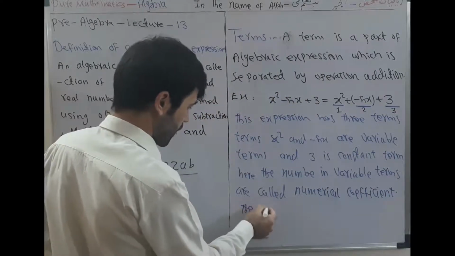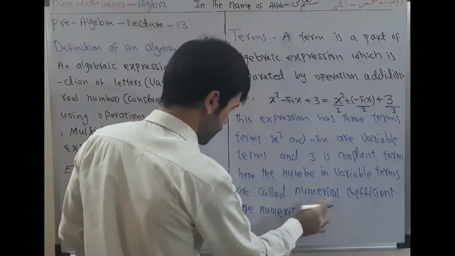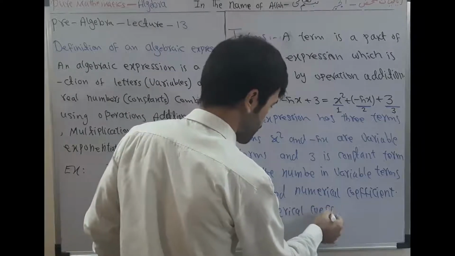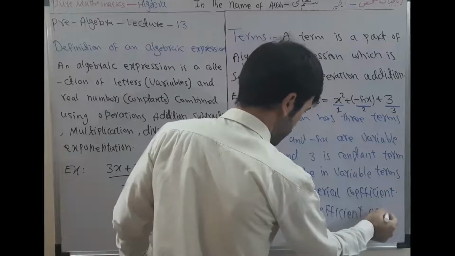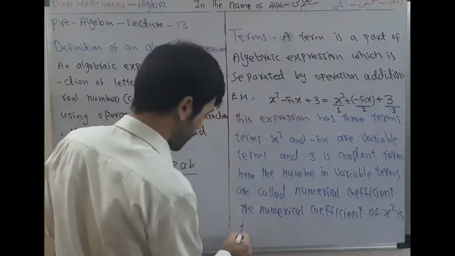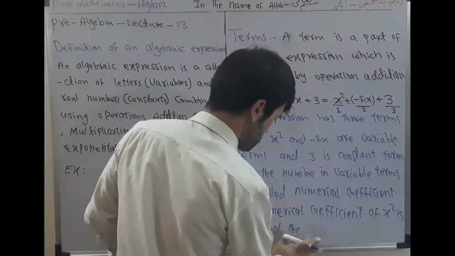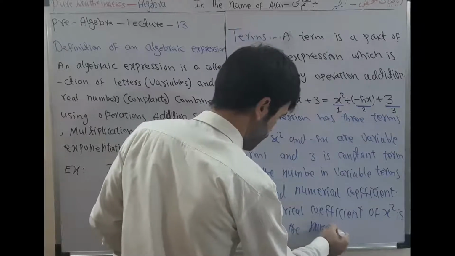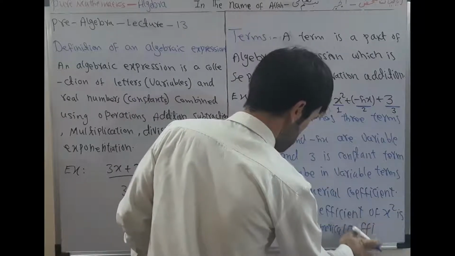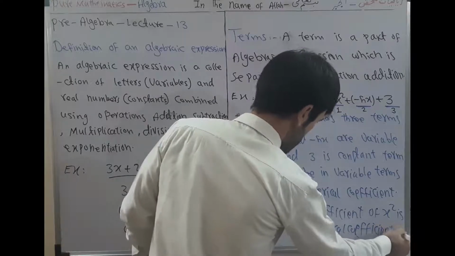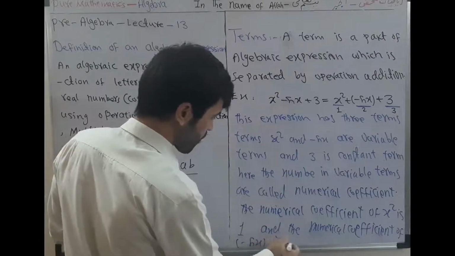The numerical coefficient of x squared is 1, and the numerical coefficient of minus 5x is minus 5.